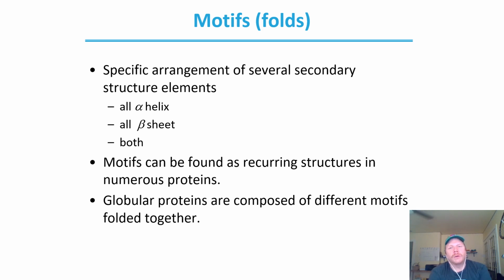Globular proteins are composed of different motifs folded together. Motifs are specific arrangements of several secondary structural elements. Motifs can be all alpha helices, all beta sheets, or a mixture, such as an alpha helix followed by a beta sheet, or an alpha helix, beta sheet, beta sheet, beta sheet, alpha helix, or something like that.